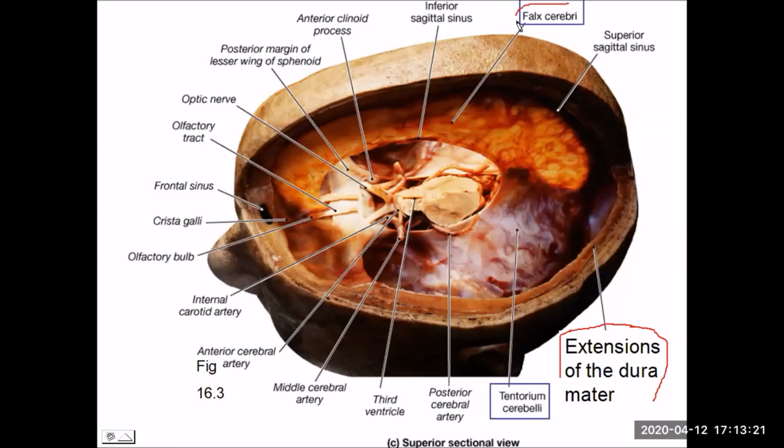An example, the falx cerebri versus the tentorium cerebelli are just a few examples. And these large ridges of dura mater extend into the deep fissures of the brain. And again, it helps to hold the position and maintain stability, in this case, between two different sides, two different hemispheres of the brain. And we'll see this in lab.